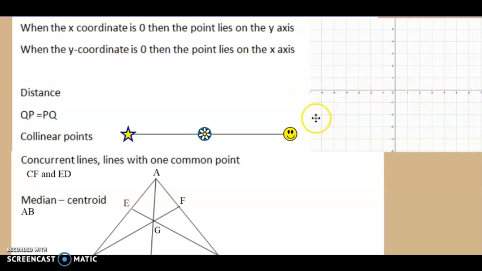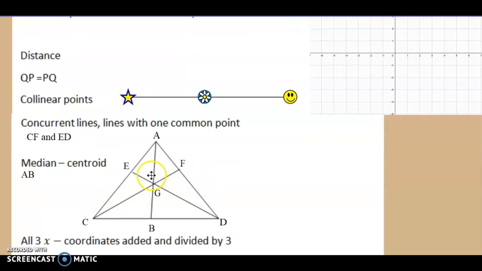You must understand, when we work with distance, the distance from Q to P is the same as the distance from P to Q. When I say that 3 points are collinear, it means those 3 points lie on the same line, whether the line is horizontal, vertical, or slanted.